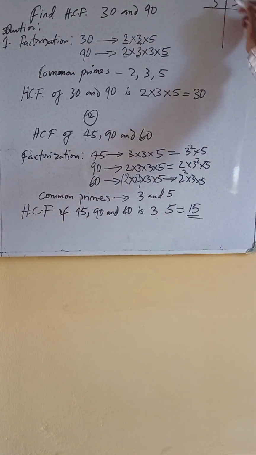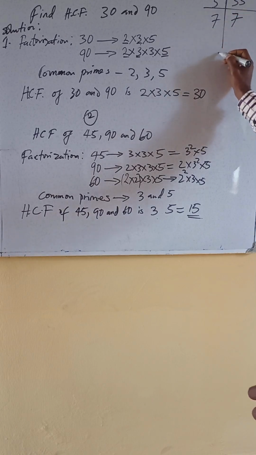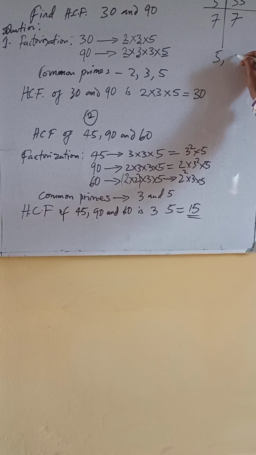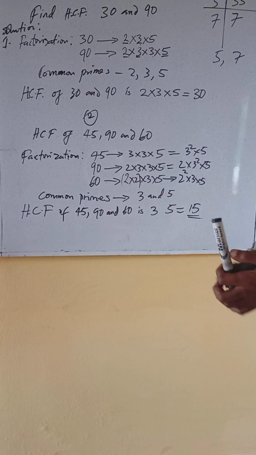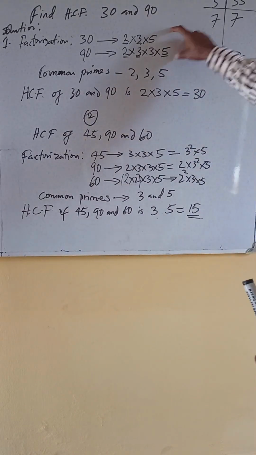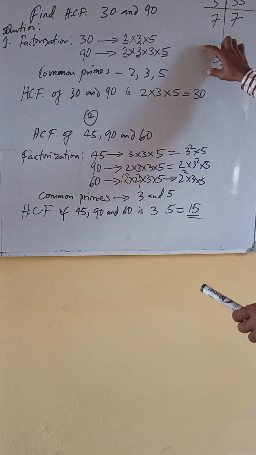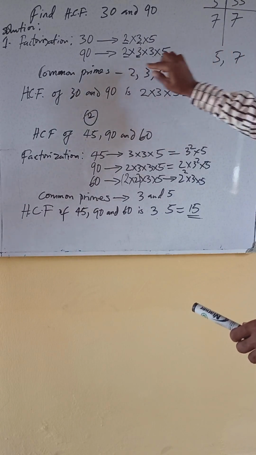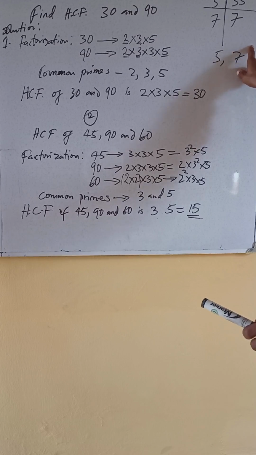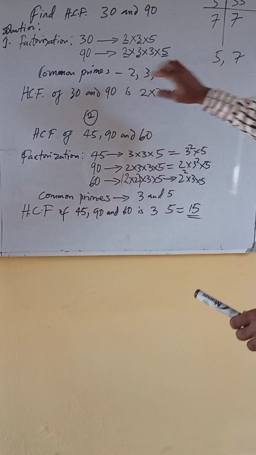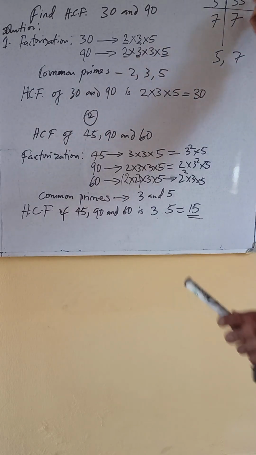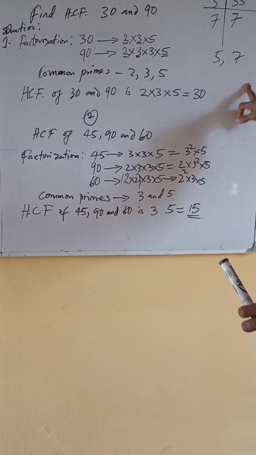If you start with 5, divide 35 by 5, you get 7. And then the primes here will be 5 and 7. Okay, I'm happy that all of you can do this continuous division and we can get the prime factors, right? We can express the numbers as a product of their primes.